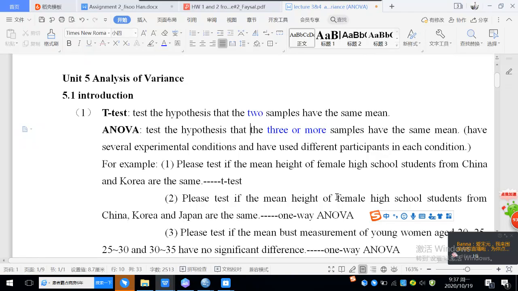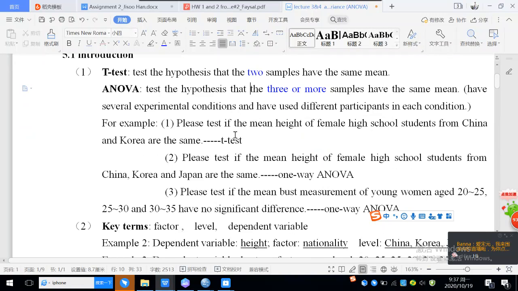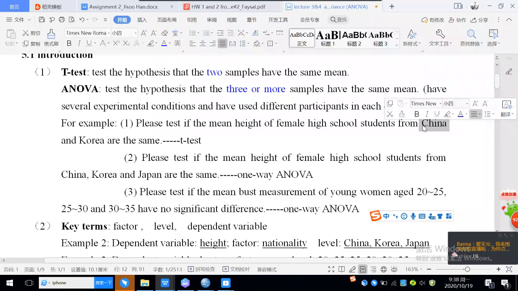For example, please test if the mean height of female high school students from China and Korea are the same. Because we have China high school students and Korea high school students, here we have 2 samples.